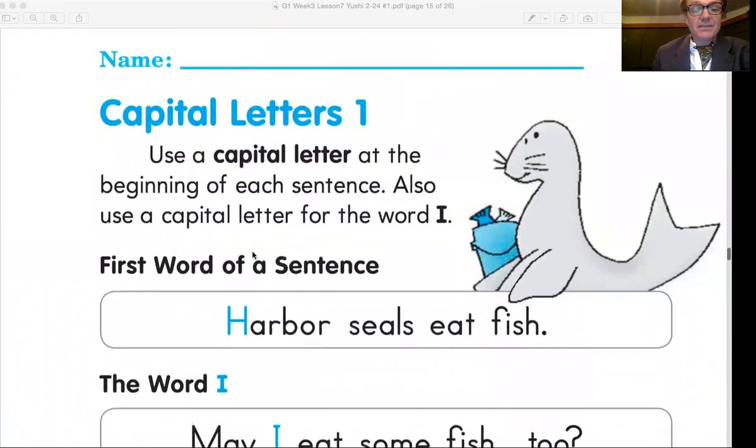You're going to write your name here. Let's just see. Maybe I should write my name here. Well, because it's my name, it's a proper noun, I'm going to capitalize it, aren't I? Oh, this is kind of fun.